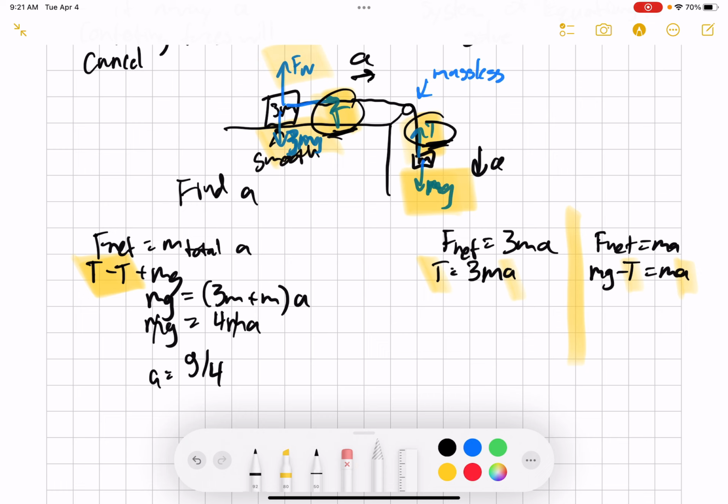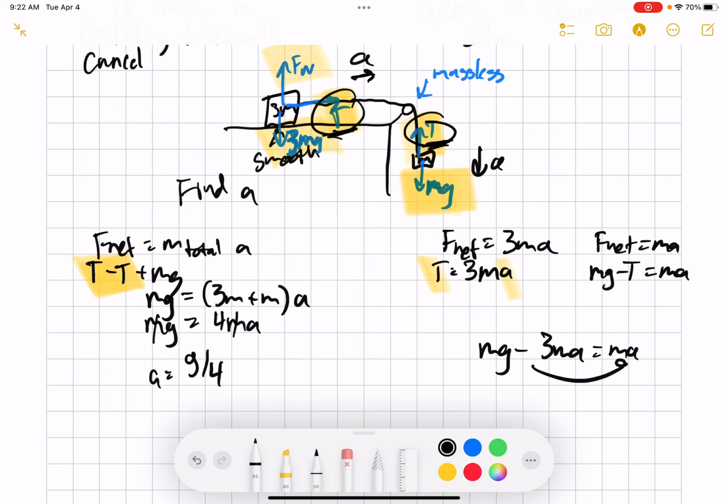I know that T is equal to 3ma, so I'm going to plug that in over here for my T. Okay, so I'll go ahead and have mg minus 3ma equals ma.